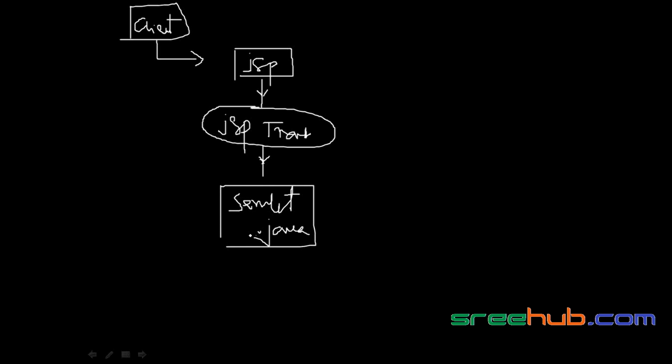Whenever you have a .java file, your JVM cannot read this .java file directly. So this is the place where it will be compiled. The next thing is that you have your compiler, so it will be compiled here.